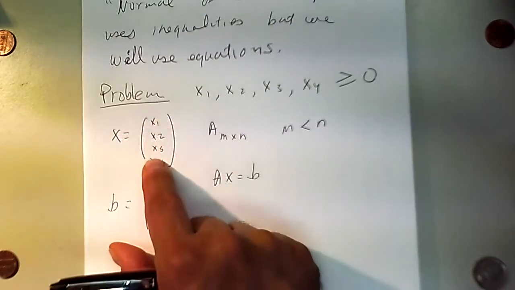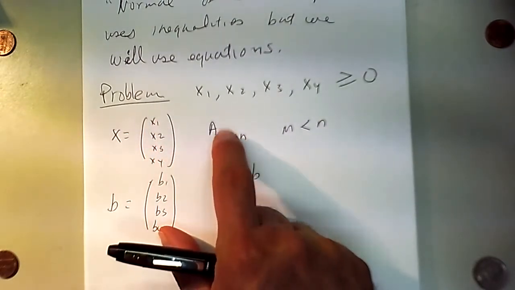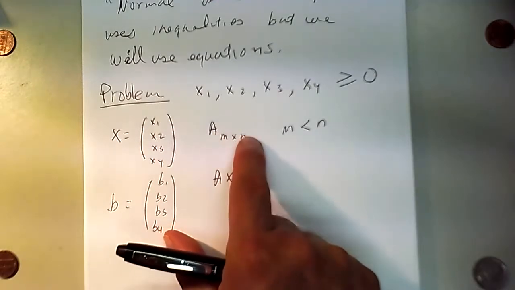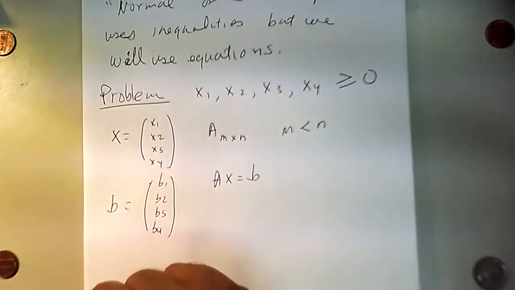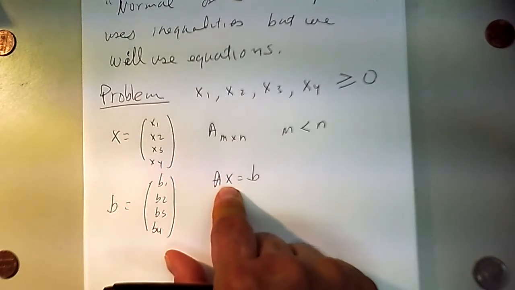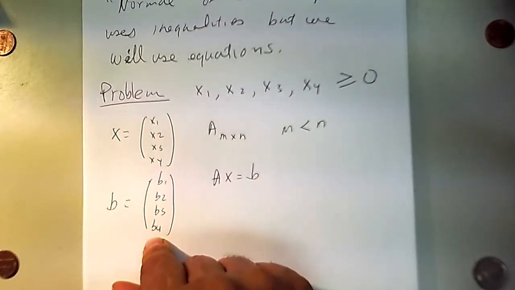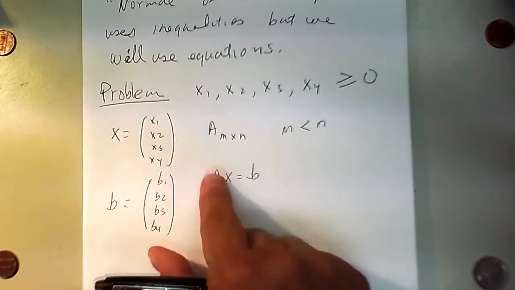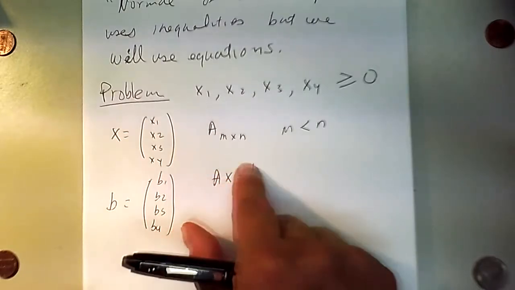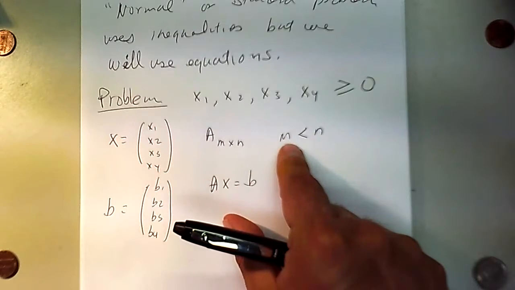If we had 3 variables, then the n would have to be 3, and this would have to be 2 or 1. Whatever m is has to be smaller than n, and n is given by the number of variables, because we have to be able to multiply the matrix with this column vector to obtain this other column vector. But there's one more thing. So here we have a whole bunch of solutions because we have more variables than equations.